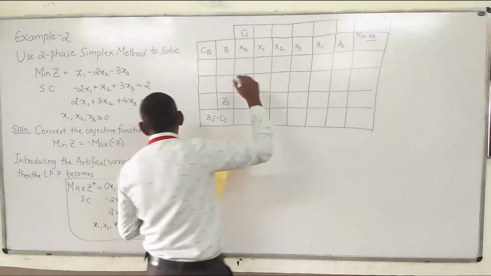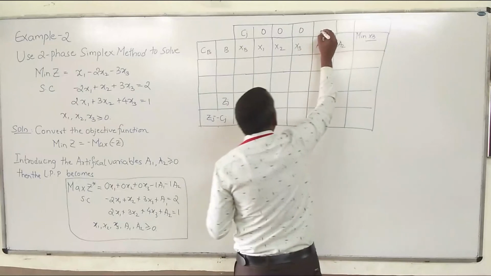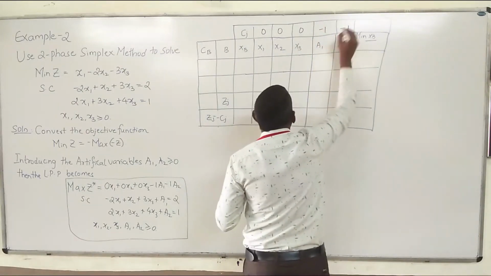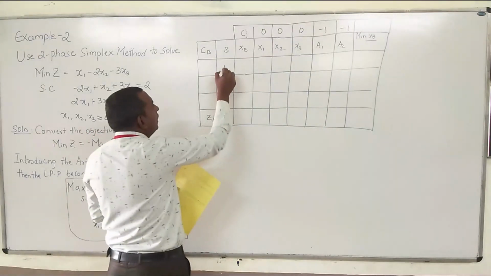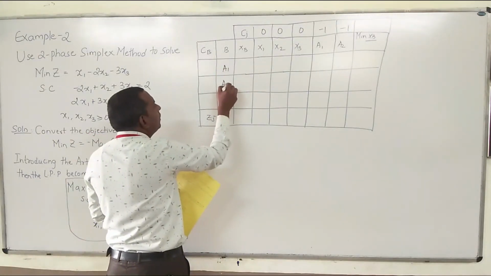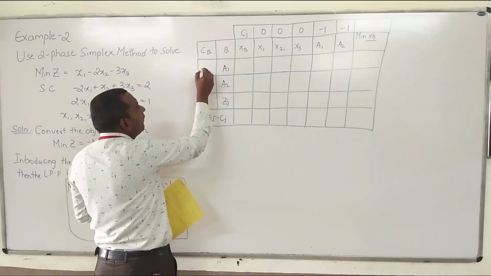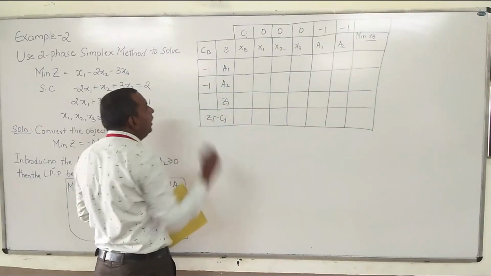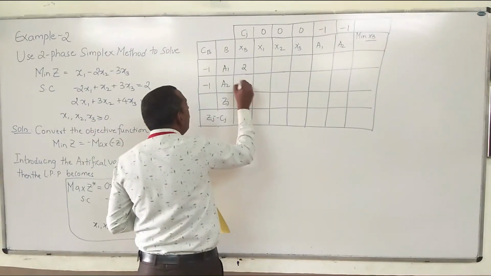What are the values of Cj here? 0, 0, 0, -1, -1. The bases are A1 and A2, and the coefficient of each is -1. XB is 2 and 1.